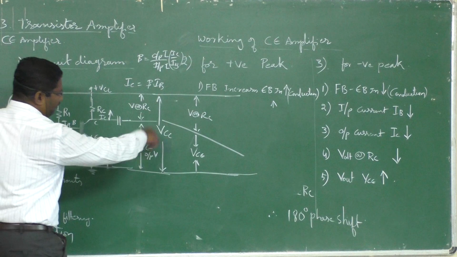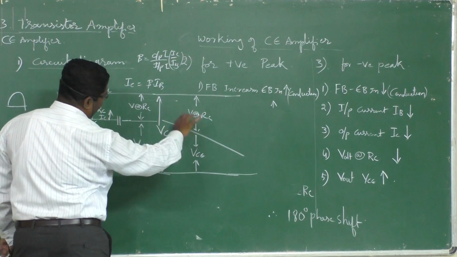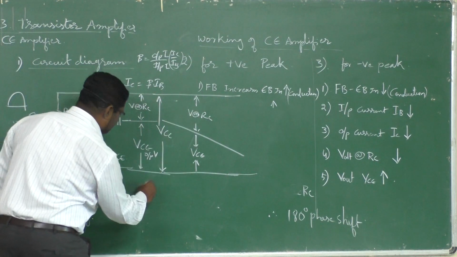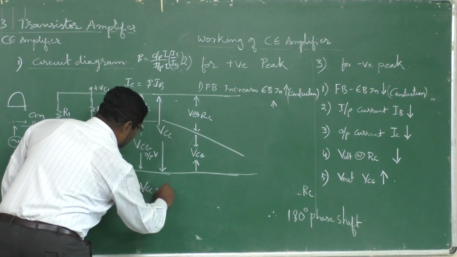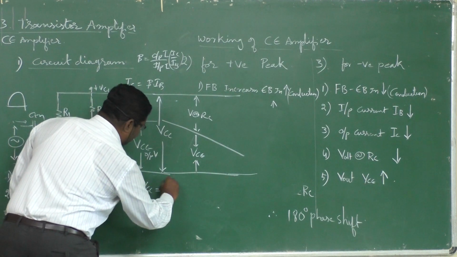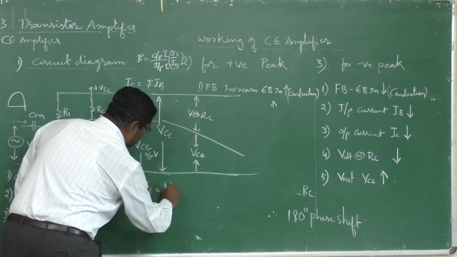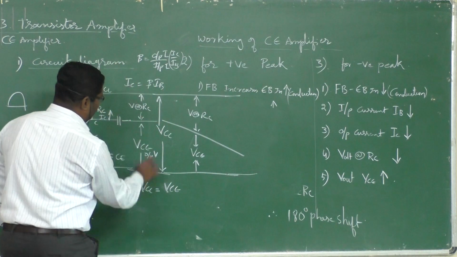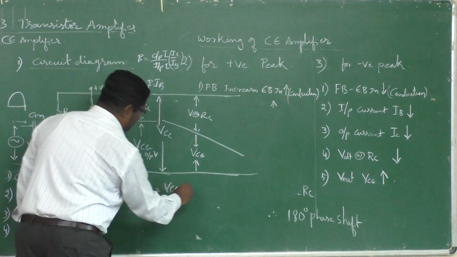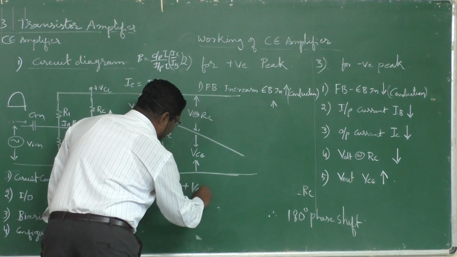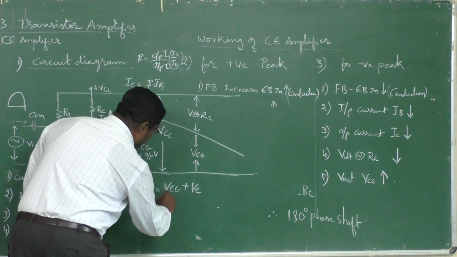So from this we can also write VCC is equal to VCE, the output voltage, plus VC. Instead of VC, what can we write?